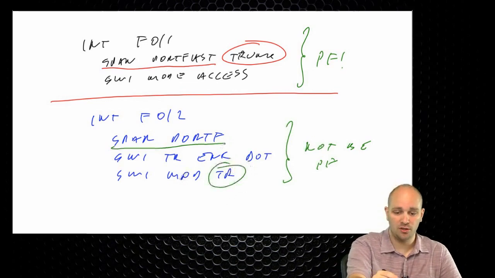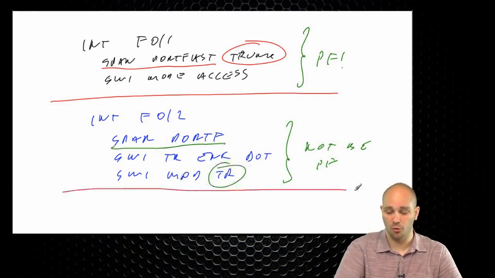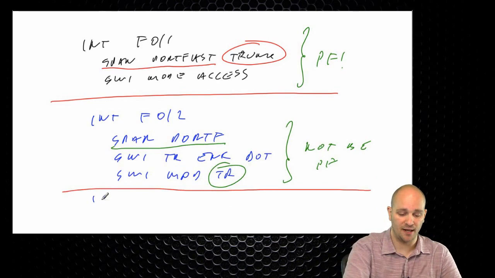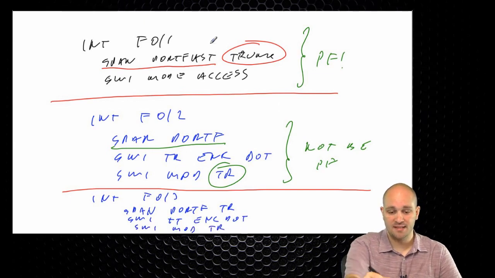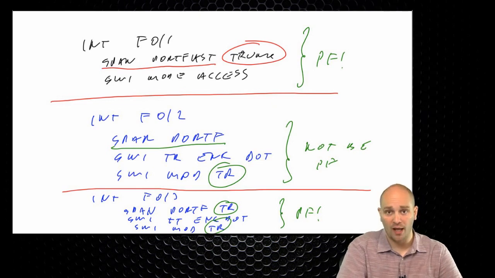So if you want this interface FastEthernet 0/2, let's do the third example here. If I had interface FastEthernet 0/3 and I had spanning-tree portfast trunk, and I had switchport trunk encapsulation dot1q and switchport mode trunk, this will actually be Portfast because I am including the trunk keyword here and the interface is a trunk or an access port.